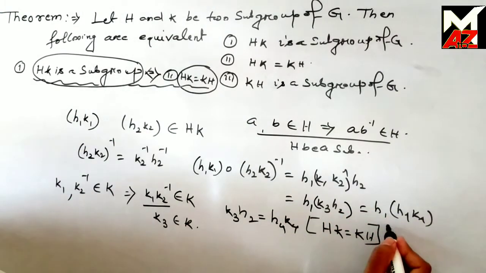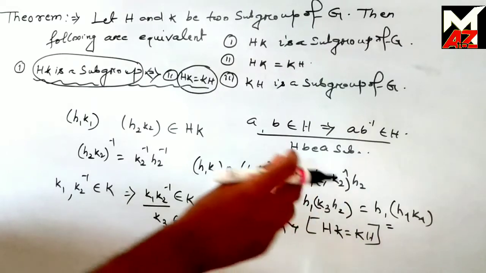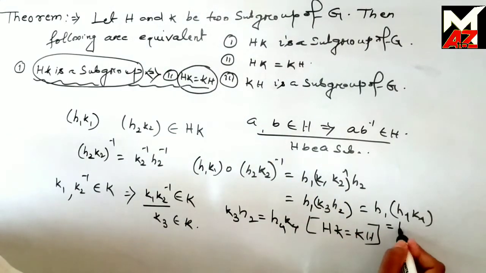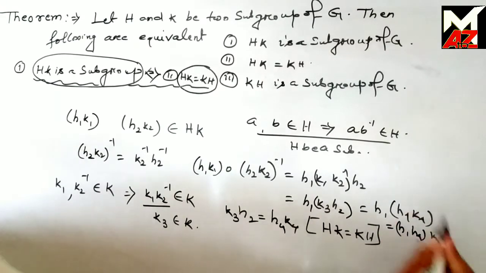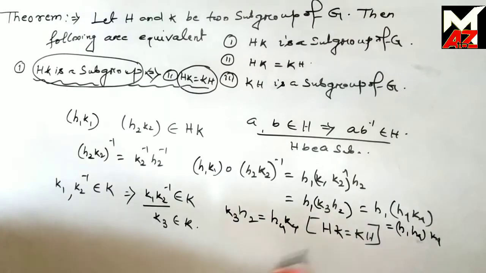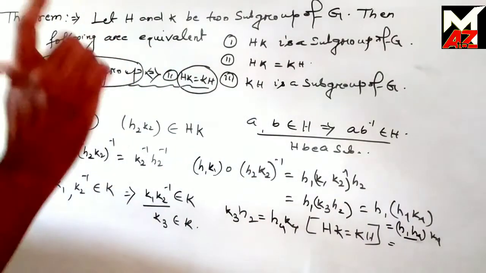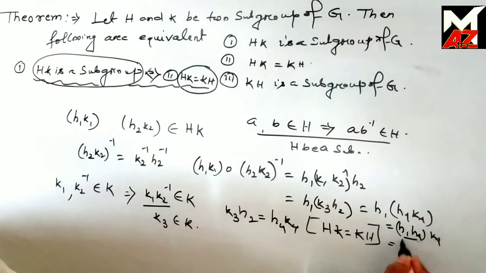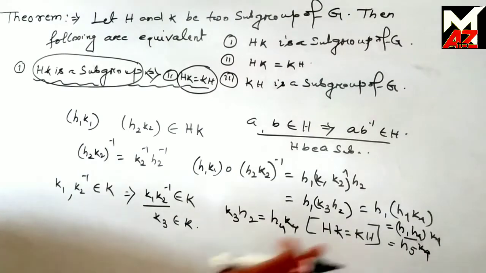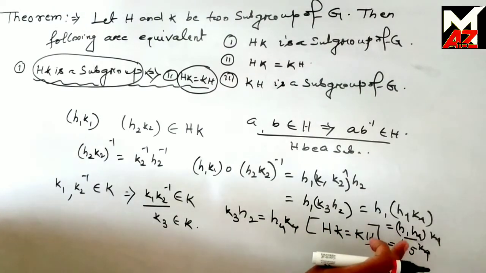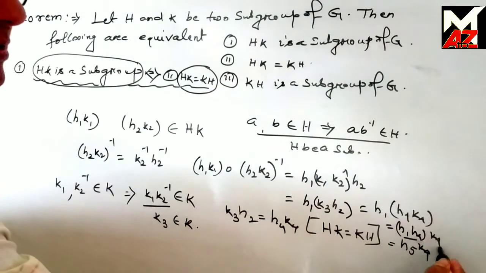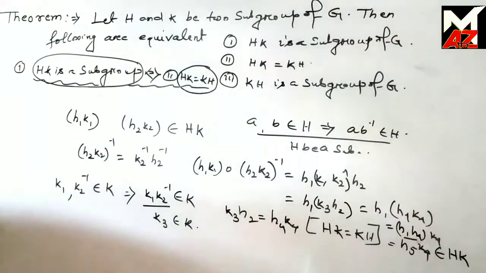Now we also apply the associative property as H1 H4 into K4. Here H1 into H4 is also an element of H, and we take this as H5, and this is K4. So this element belongs to HK.